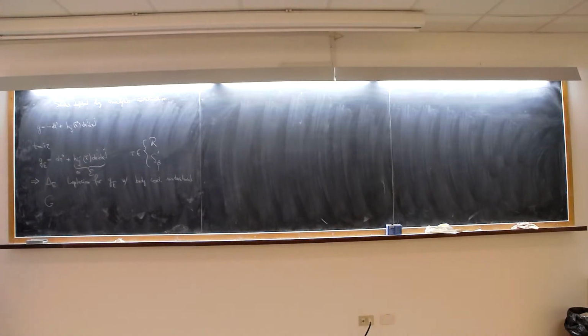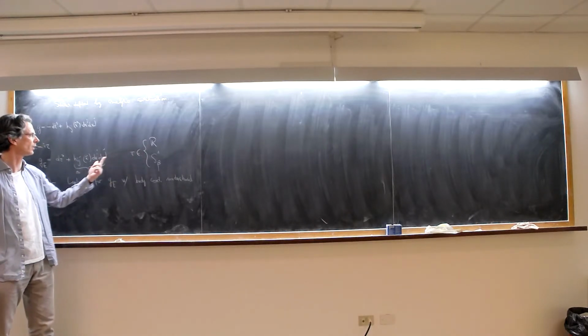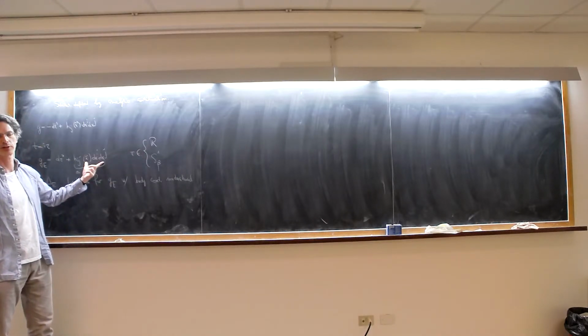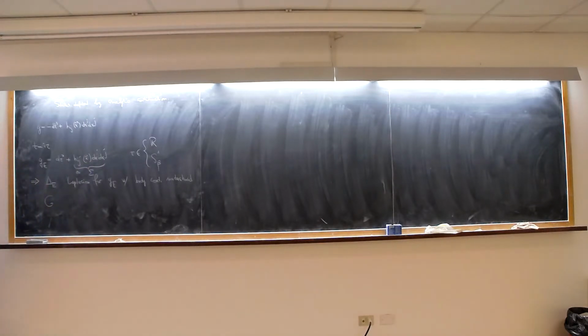If it doesn't have nice asymptotics, then on top of what I require for tau, I have to have possibly different boundary conditions here. The systematic way of dealing with this is called self-adjoint extensions of operators.